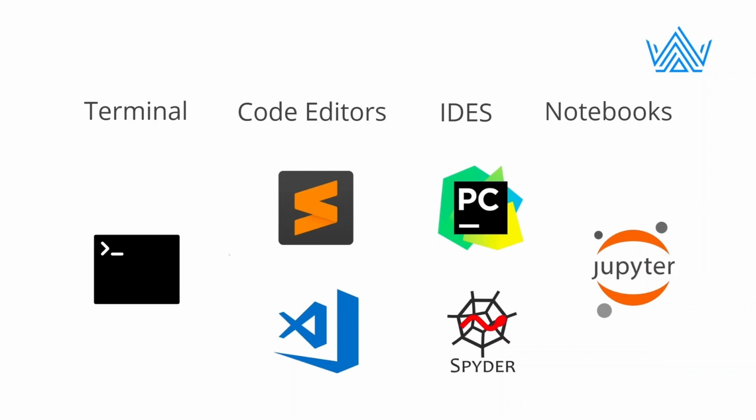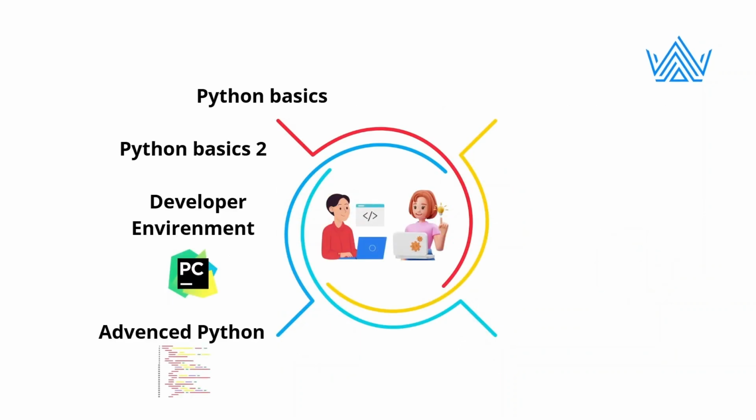Now that you'll have a strong foundation and a professional setup, we'll step into advanced Python topics. Here, we'll cover concepts like object-oriented programming and classes, decorators, generators, error handling, and functional programming.